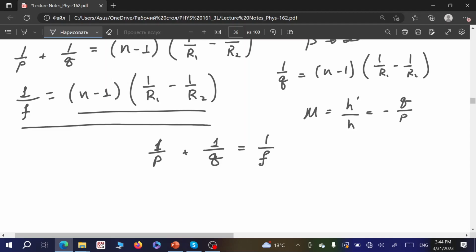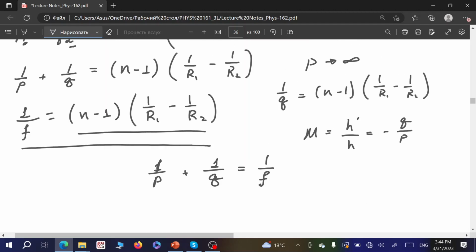So the first equation gives us the equation for the image formed by a lens. Then we consider that our object is located very far, and the distance to the image will be given in this case because 1 over p will tend to 0. So we get rid of it.